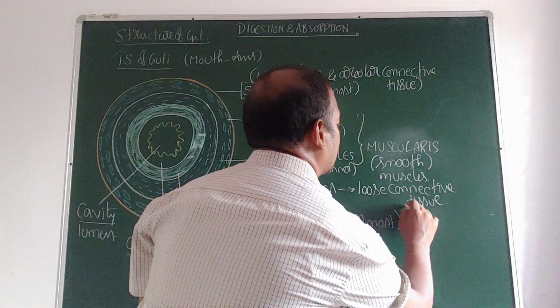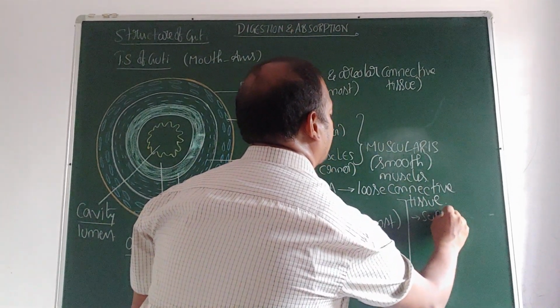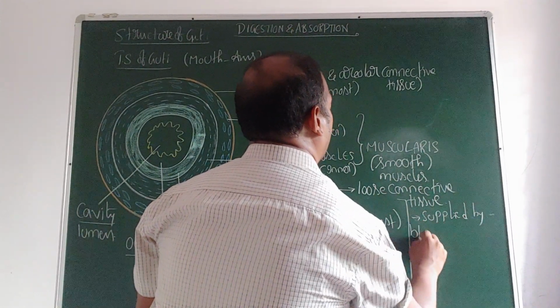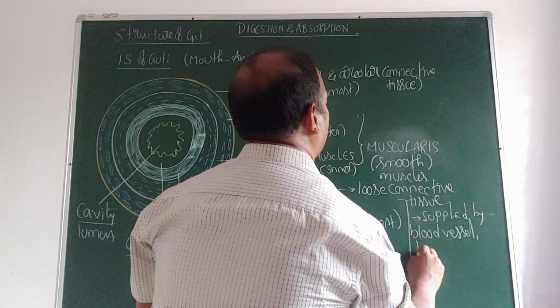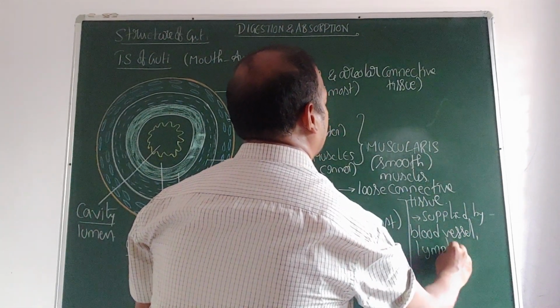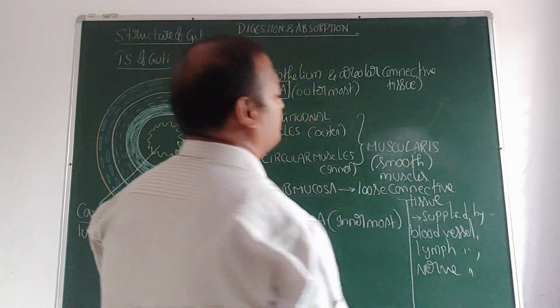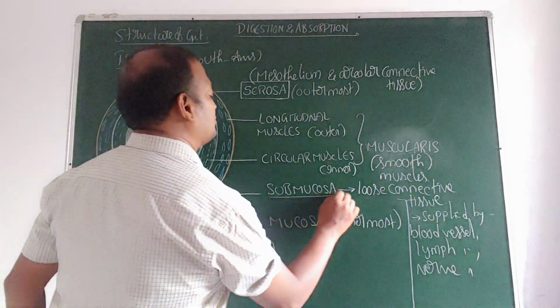So the submucosa is supplied by blood vessels, lymph vessels, and nerves also. Clear, students?